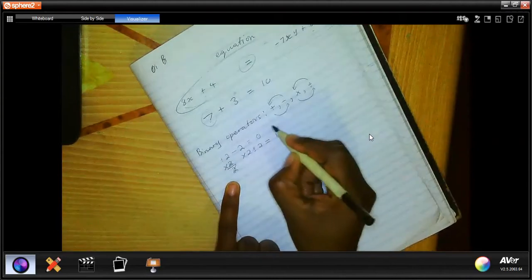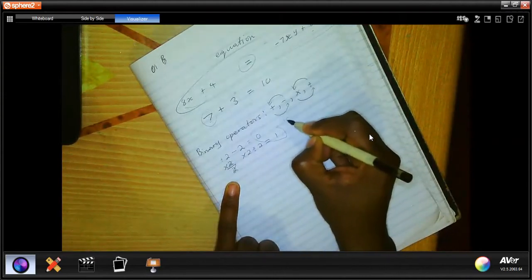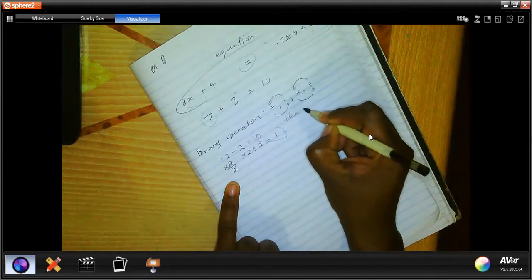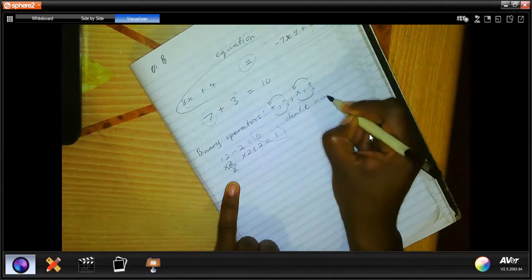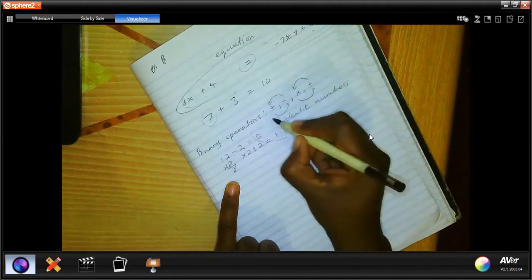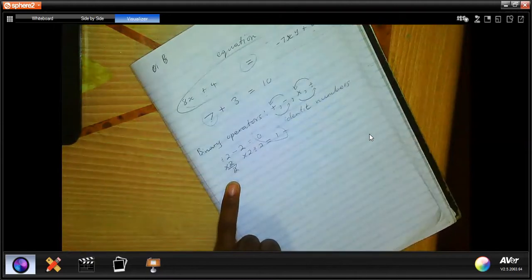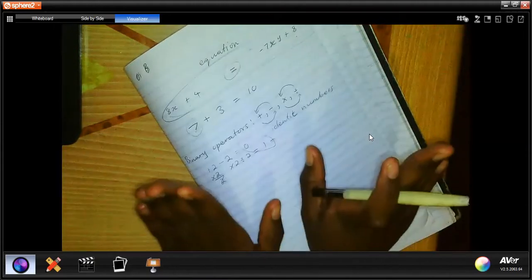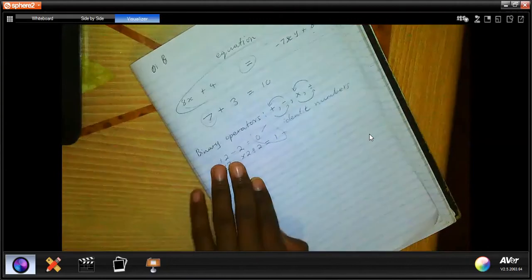So these are what we call identity numbers. This one is additive, this one is multiplicative, but we are not doing that kind of maths. I'm just explaining why we need these equations.